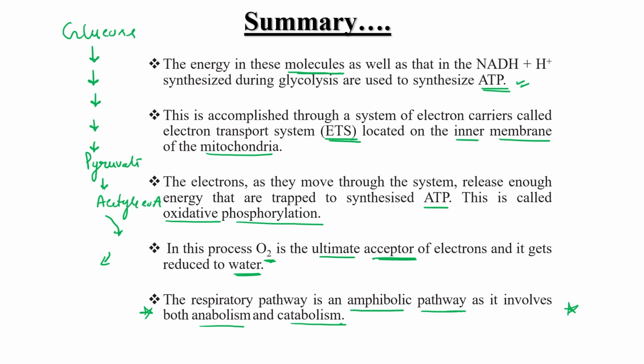But this pyruvate may enter into another pathway. This is the catabolic pathway: glucose, this 6 carbon molecule, gets converted into 3 carbon molecules, then 1 carbon molecule, and then finally carbon dioxide and water.